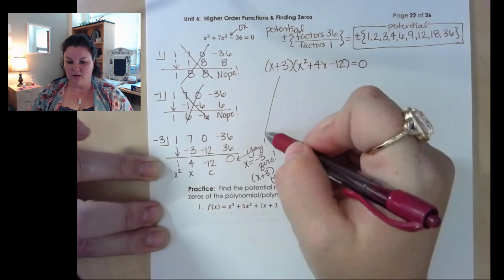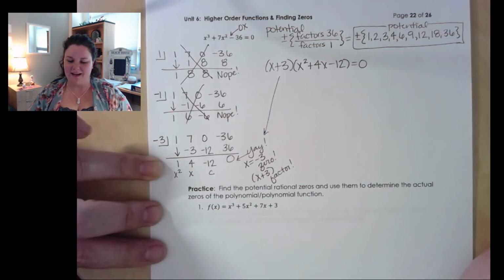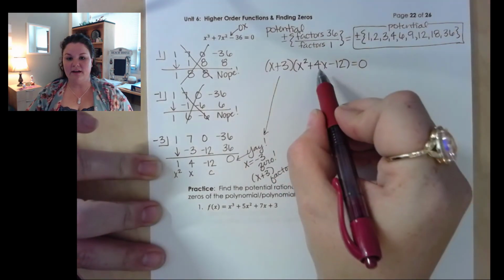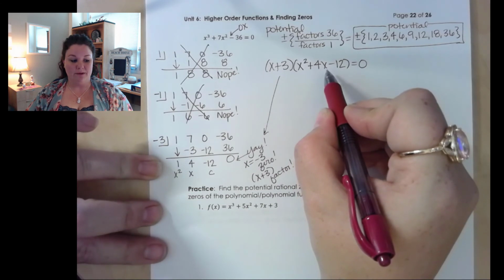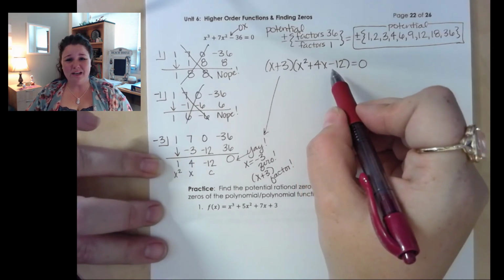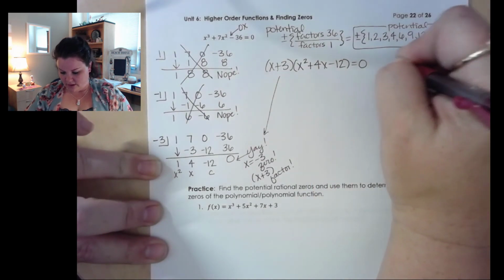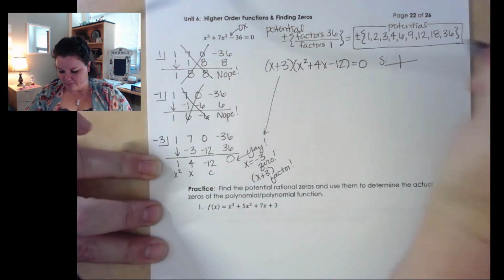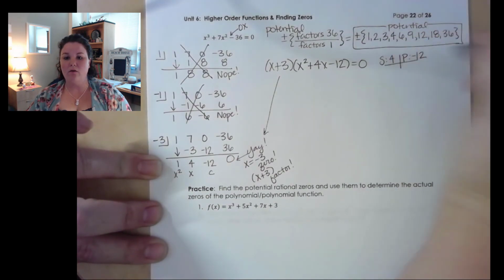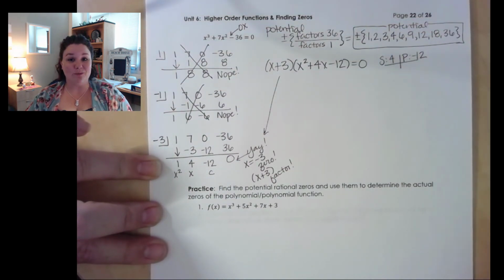Again, I'm not going to solve the cubic one because we already got that from synthetic, but I do need to see if I can solve this one. So I'm going to try to solve it by factoring, and if it doesn't factor, we'll use the quadratic formula. If I look at my sum, I have a 4. If I look at my product, it's -12. And this one is factorable, right?